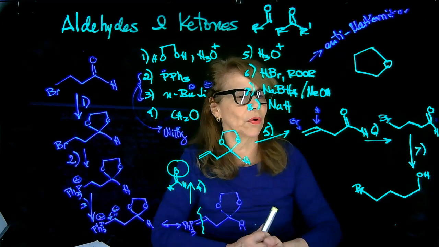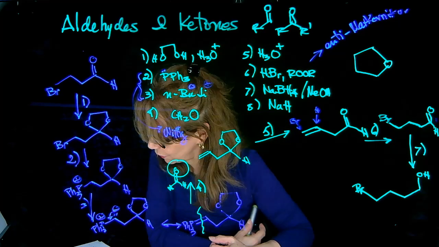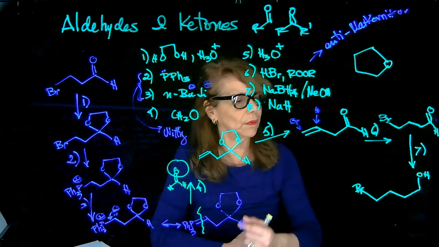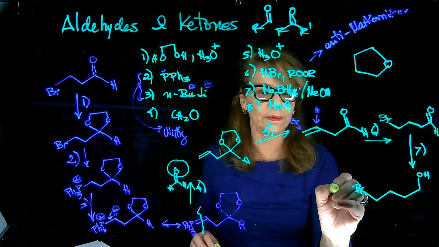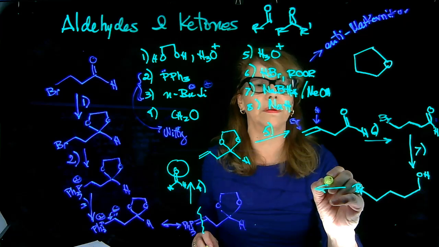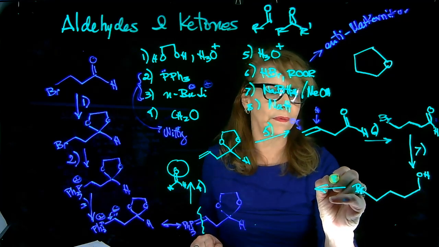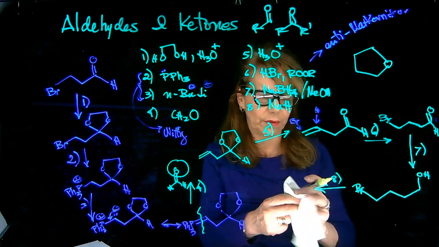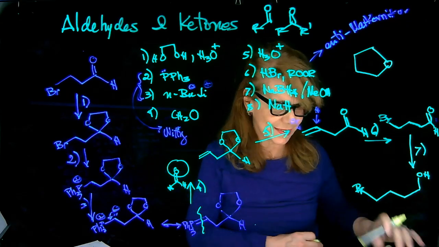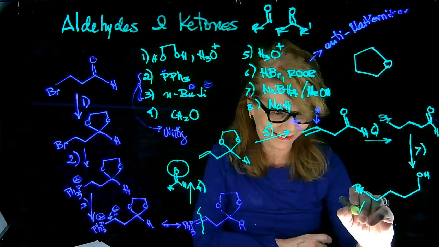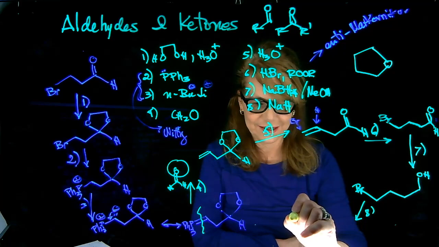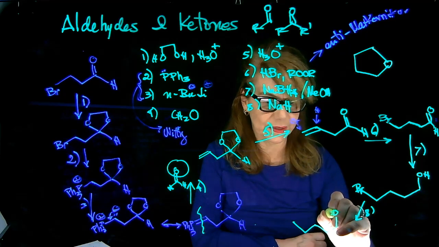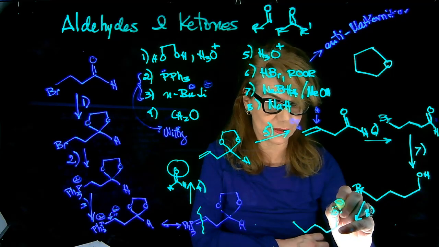Next step, it says sodium hydride. With that sodium hydride, what is the most acidic hydrogen in this molecule? It is the alcohol. So let me change the arrow and make it lower since I'm trying to fit everything on the screen. Removing the most acidic hydrogen makes this.